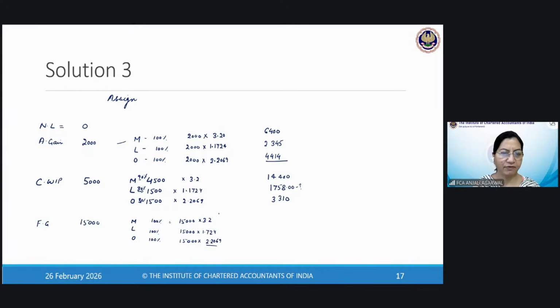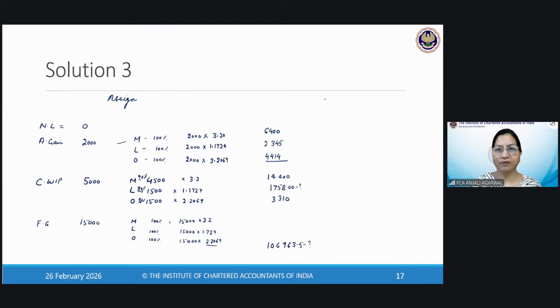This multiplied by 15,000, the total will be 106,963.5. So I can, again, I'll just see what I'll do with this. I think 106,964 I can keep.